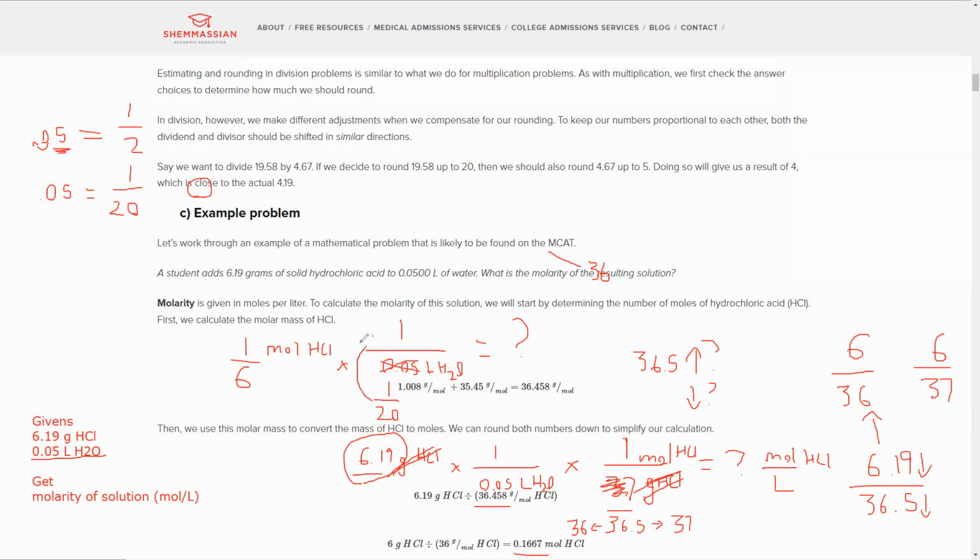Because we flip it. So I'm just going to get rid of this whole thing, and we're going to call it a 20. So that's giving me 20 over 6. 20 over 6 overall. Does that make sense?